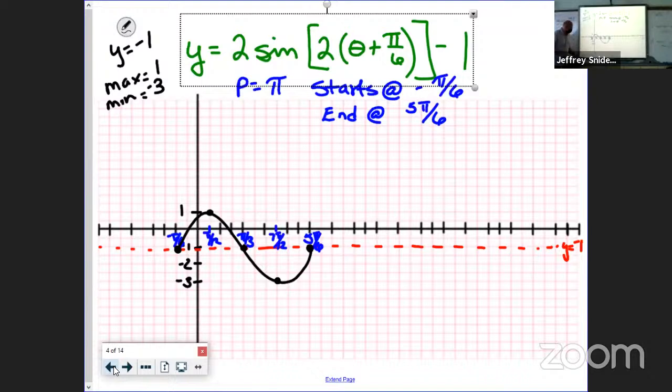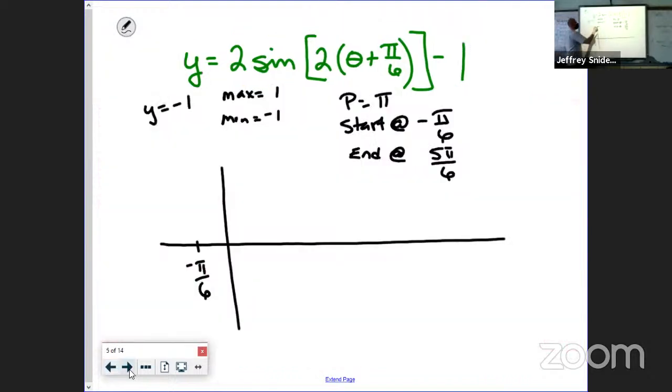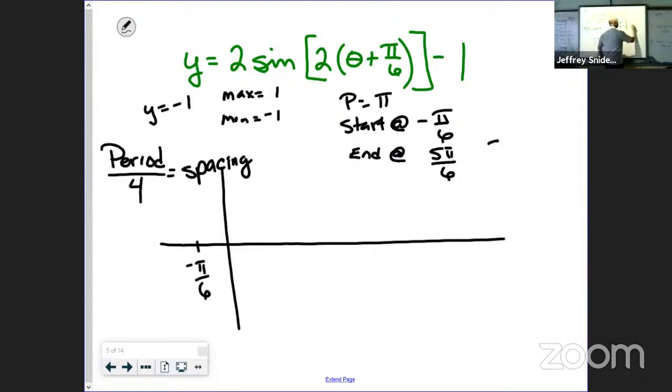So what I can do is the following. If I take the period, I'm going to write it right here. If you take the period divided by 4, that gives you the spacing of your critical values. So on this one, I know that my critical values are spaced pi/4 radians. That's how far apart they have to be.